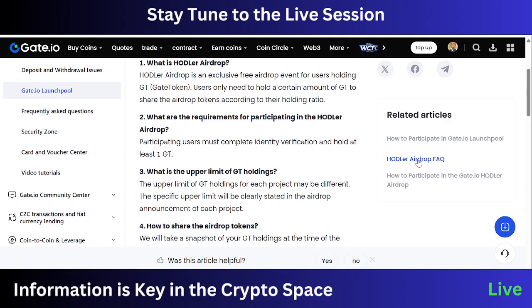So what are the requirements for participating in the holder airdrop?